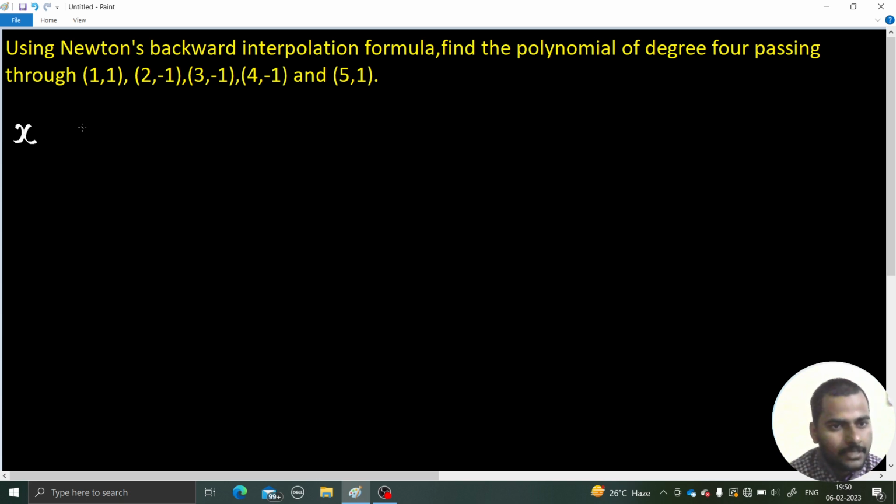Corresponding to that, I have some values of y. And because it's a polynomial of degree 4, we'll go till fourth backward difference. So the first one will be nabla of y, then second backward difference, third backward difference, and then the fourth backward difference.